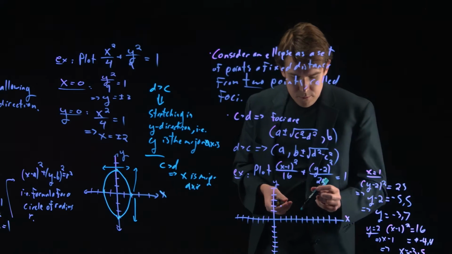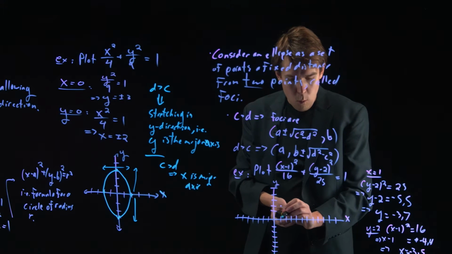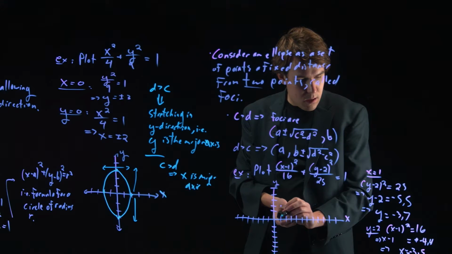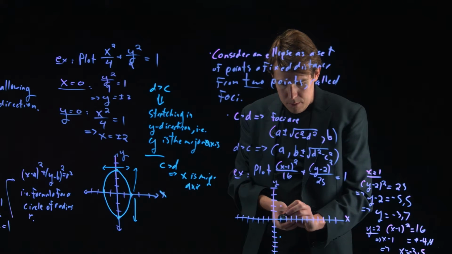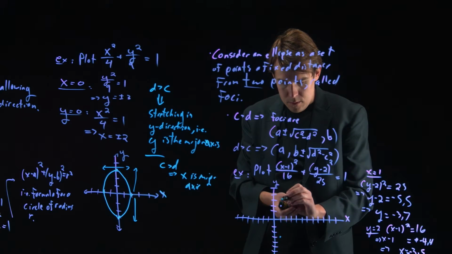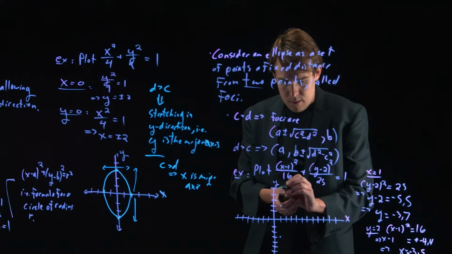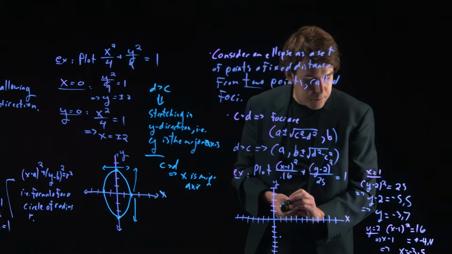So let's plot these points. So when x is 1, y will be negative 3 and positive 7. So something like there.